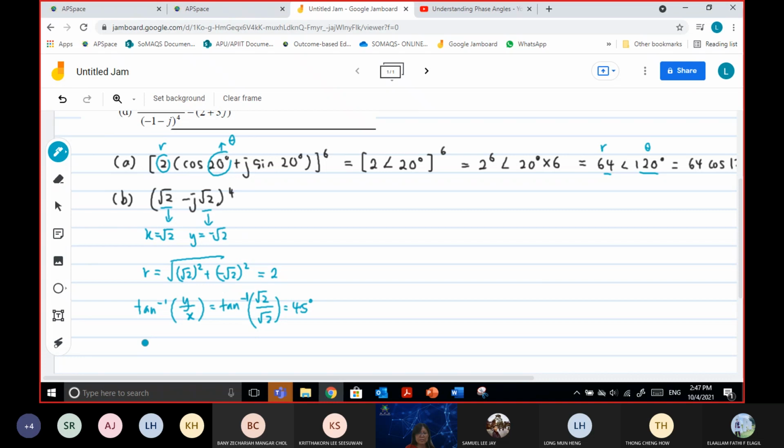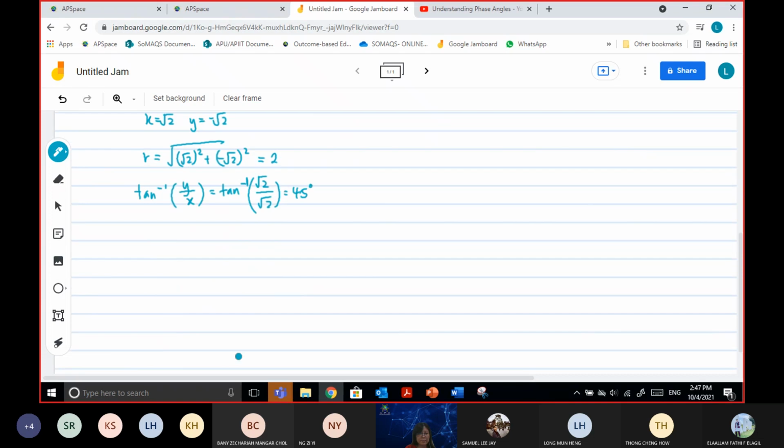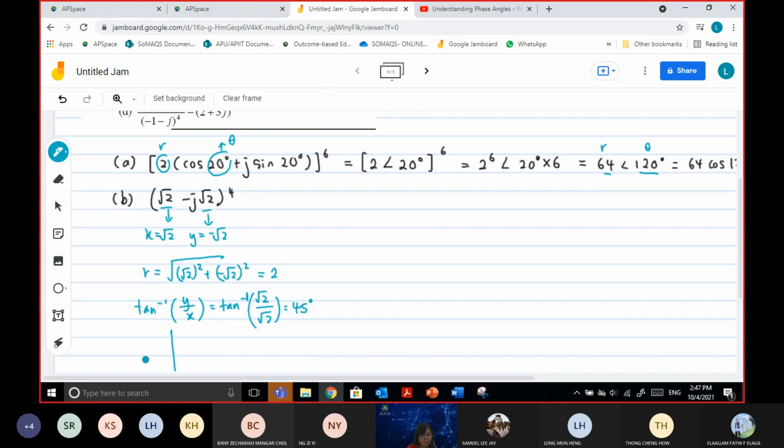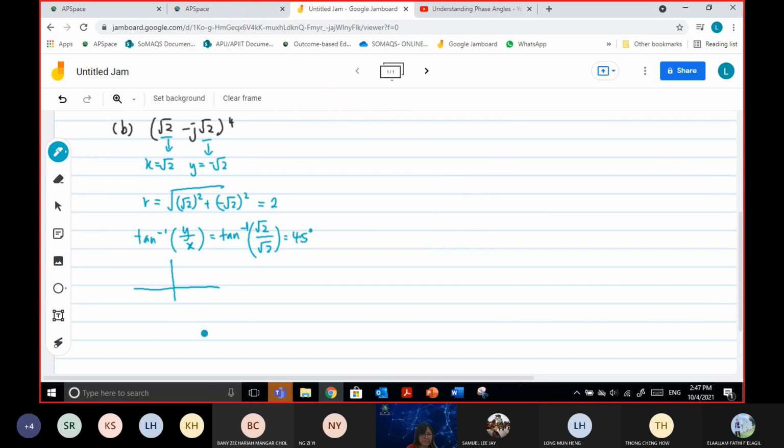If you look at the coordinate system, let's say this is x, this is y. X positive, y negative, where is it? Oh, fourth quadrant. Yes, correct. Okay, be careful. It should be the fourth quadrant.